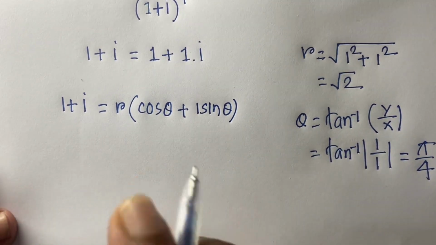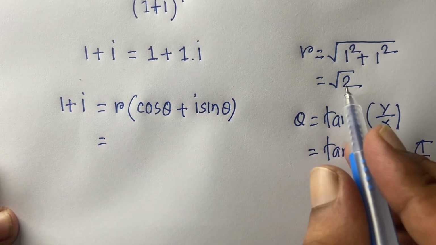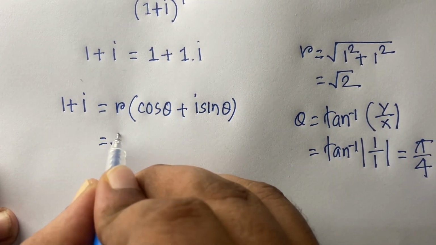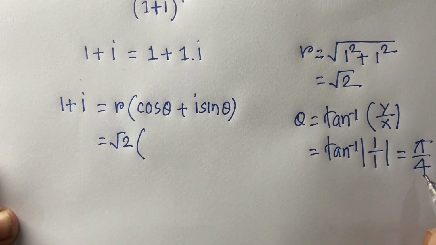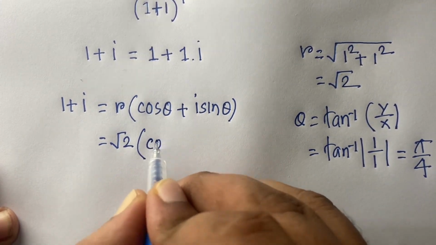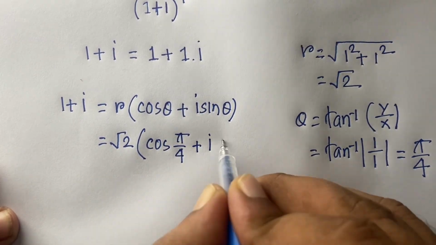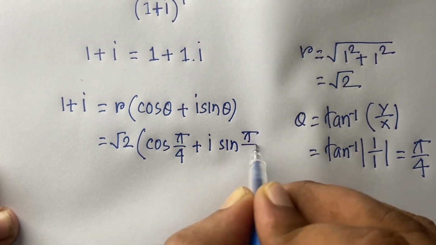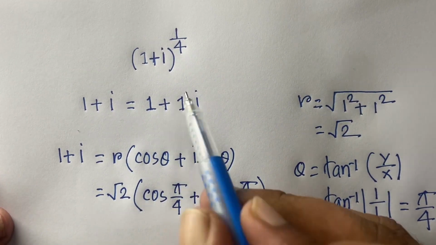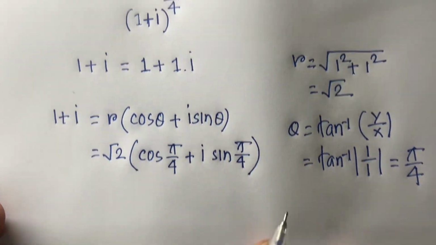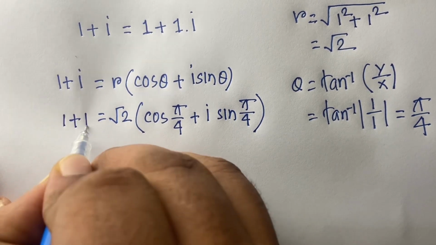Then r is square root 2, so 1 plus i is square root 2 times (cos pi over 4 plus i sin pi over 4). Then our question is (1 plus i) to the power 1 over 4. We found 1 plus i is equal to this.